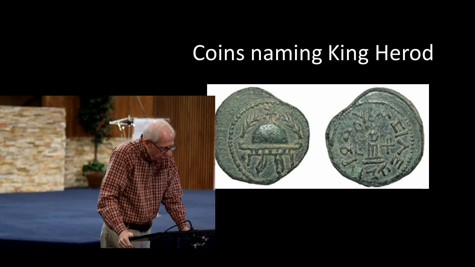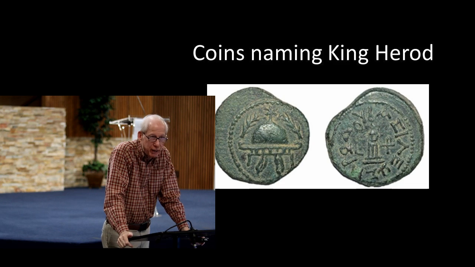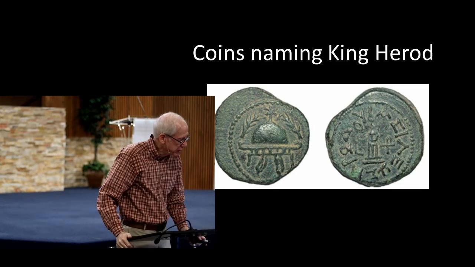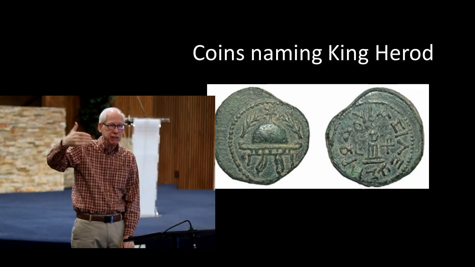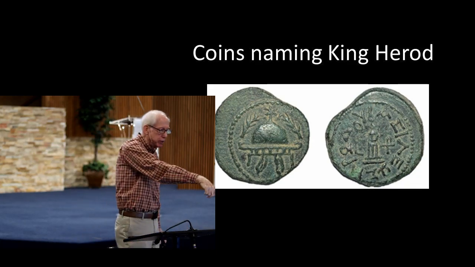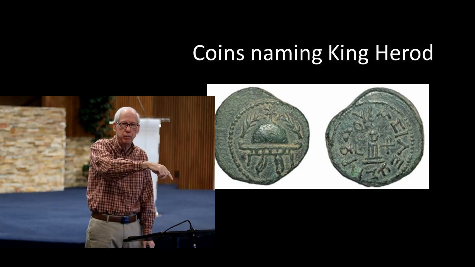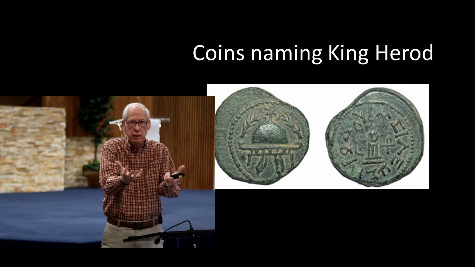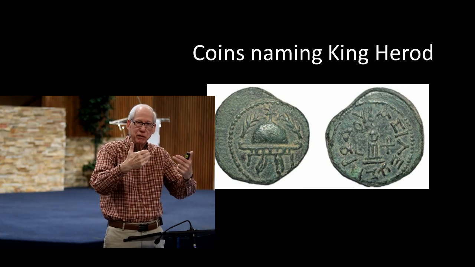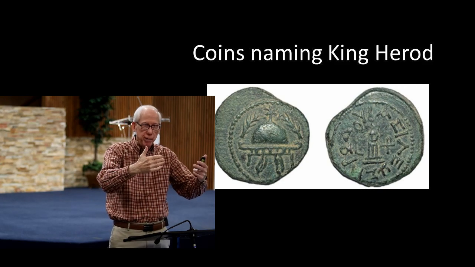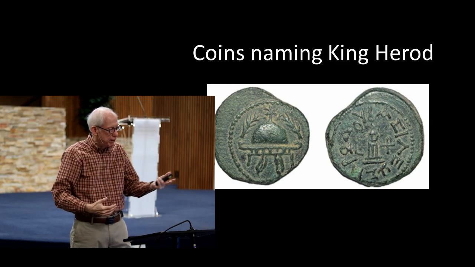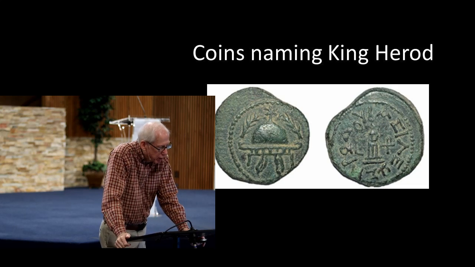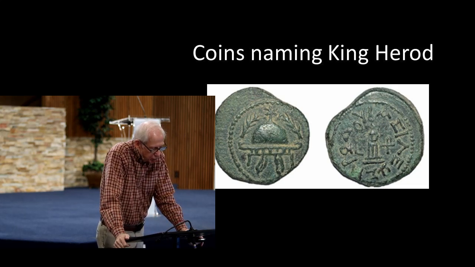Of those coins, 4 were minted in Samaria. So you had a coin mint in Samaria and you had one in Jerusalem. Here's an example of a Herod coin minted in Samaria, and you see the designs are not always the same. So he has 22 different styles of coins that have Greek inscriptions identifying him. Sometimes coins don't name the people, but here they name him, saying either "of King Herod" or "King Herod." And there's a nice example of that one there.